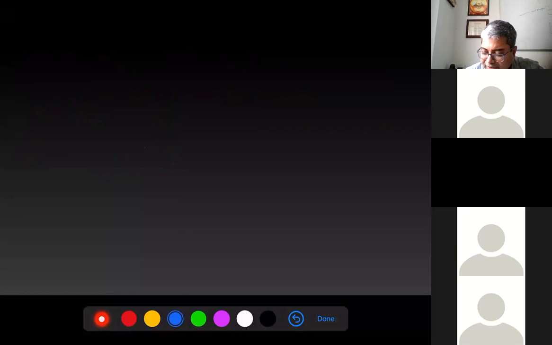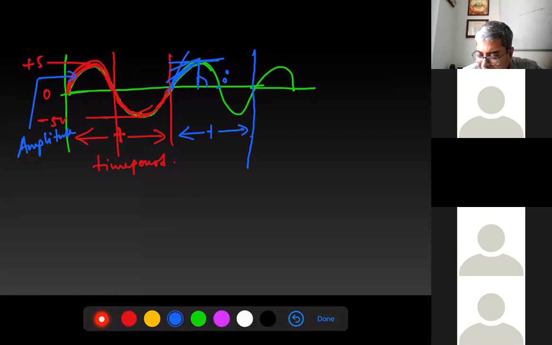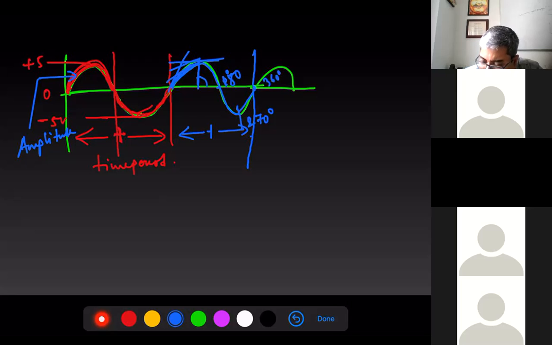Now, if I say this one is 0 to 90 degree, again, sorry, it is not 0 degree, I'm sorry. It is 90 degree, then it is again coming to 180 degree. And from 180 degree, it is again increasing, coming around 270 degree. And when it comes over here, that is 360 degree. Means that when a single wave completes its traversal, it completes 360 degree.